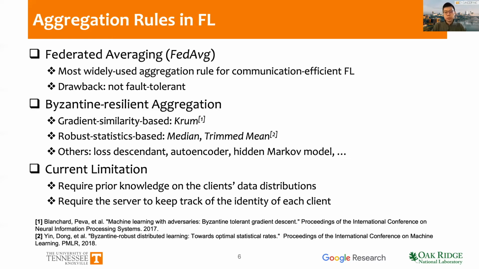However, these methods either require prior knowledge of the clients' data distribution for loss descent estimation or autoencoder training, which is hard to satisfy in practice, or require the server to keep track of the mapping between the submitted updates and the clients' identities, which may lead to severe risks of privacy breaches.